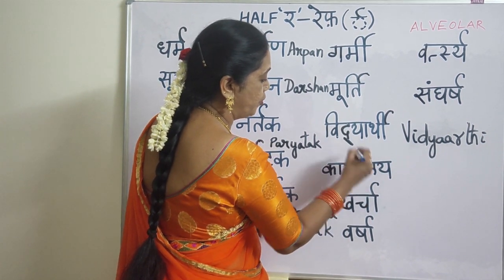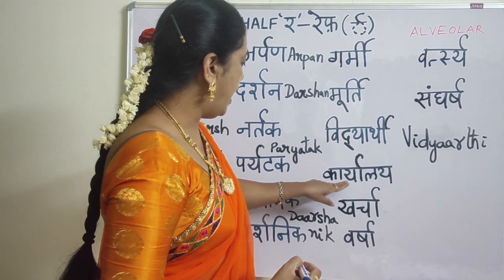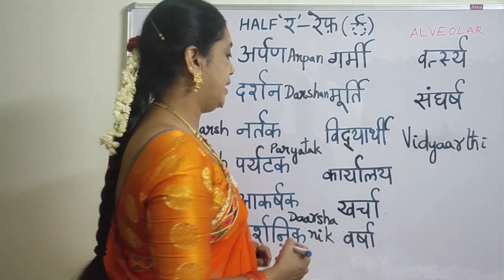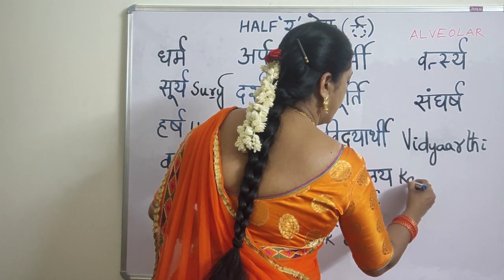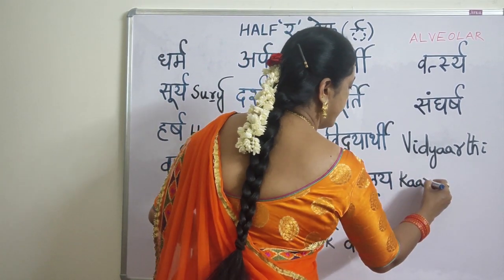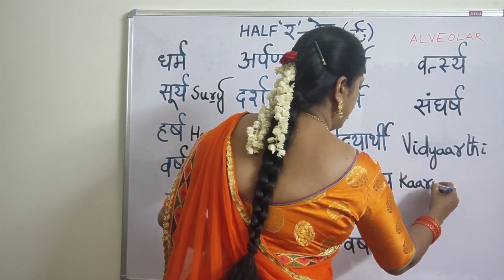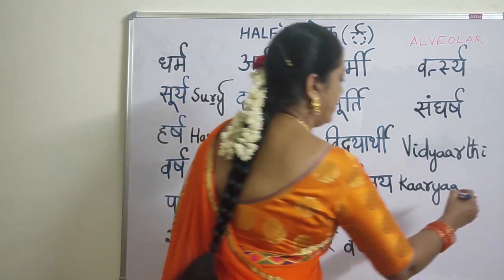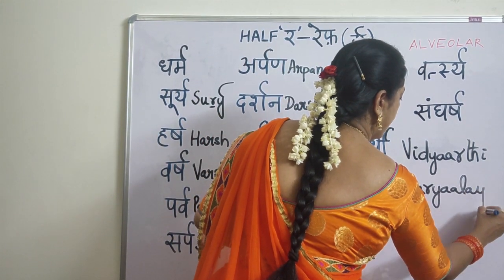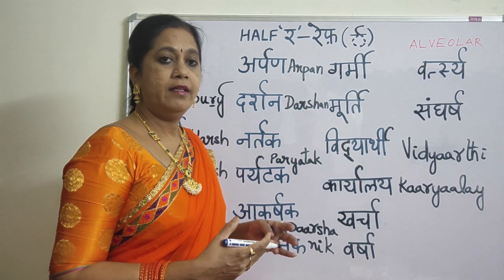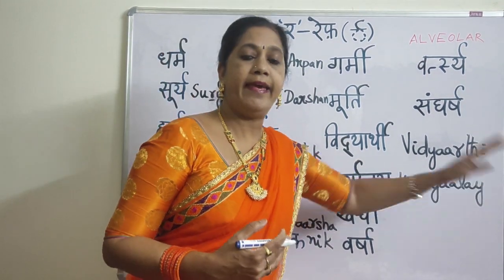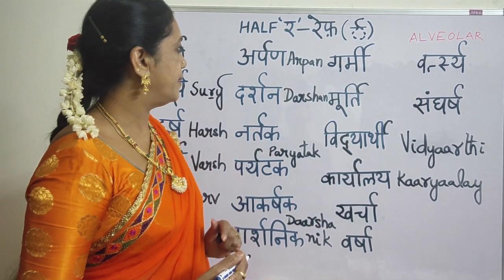On that only you will put this r sound. So ka, r, ya, la, ya. So it becomes ka, there is a r there, kar, ya, la, ya, le. You know very well, le. Like bha, jai, I have taught you, like that, le. So karyale. Karyale means office.